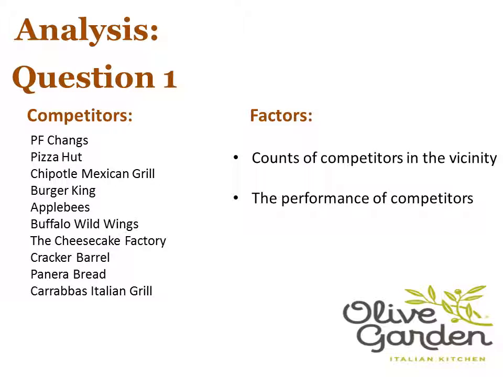And when we do the competitive analysis, we always ask whether the count of competitors in the vicinity would influence my company's performance, or whether the performance of my competitors would influence my performance.